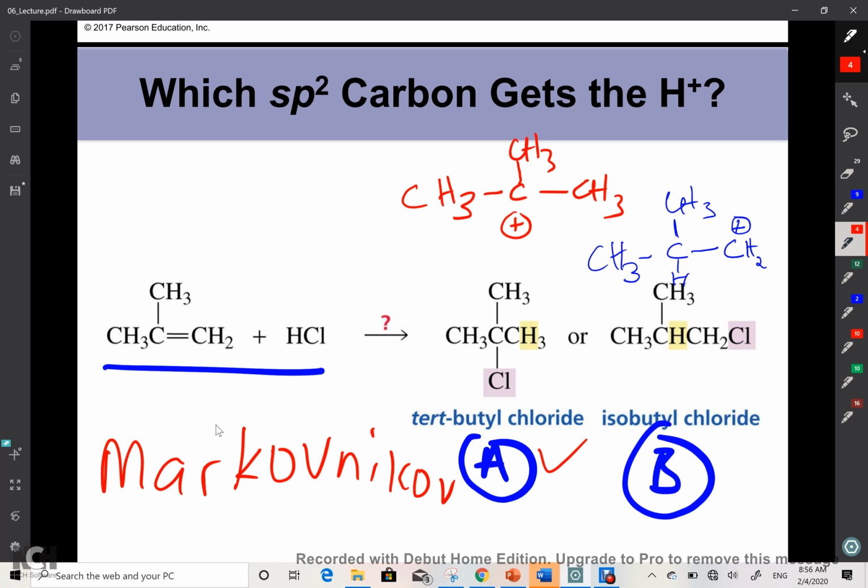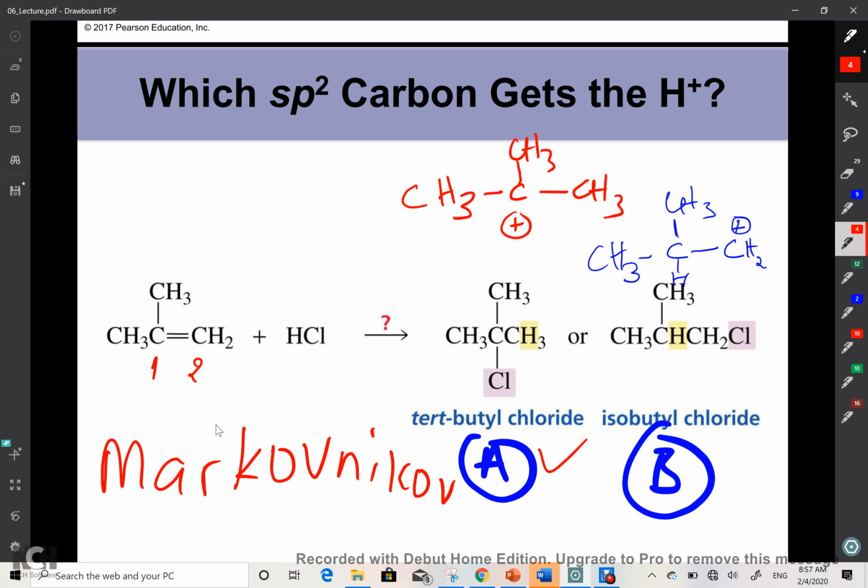Does that make sense? And so let's look at the reactant to understand Markovnikov's rule. We have two carbon atoms, carbon atom 1 and carbon atom 2. Carbon atom 2 has more hydrogen: 2 hydrogens, and carbon atom 1 has 0 hydrogen. According to the Markovnikov rule, because carbon atom 2 has more hydrogen, it will end up with more hydrogen.